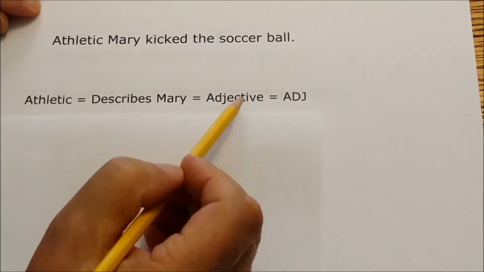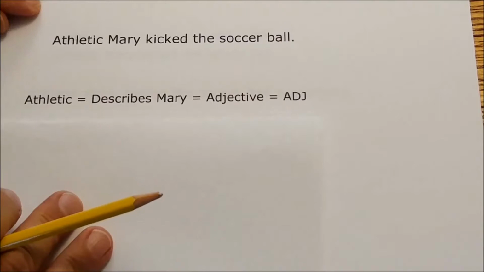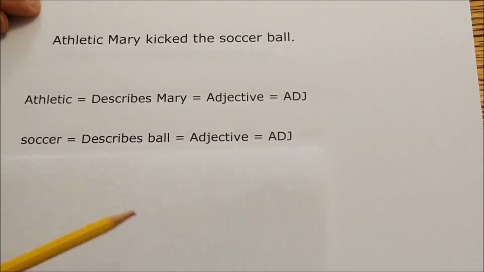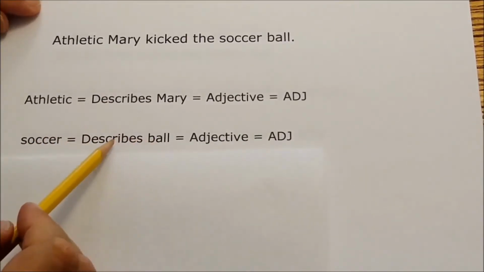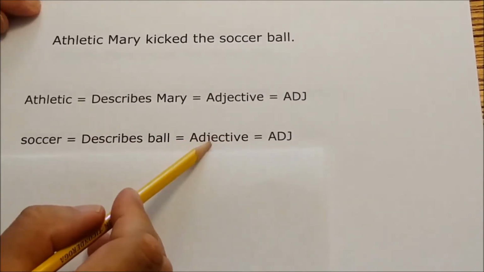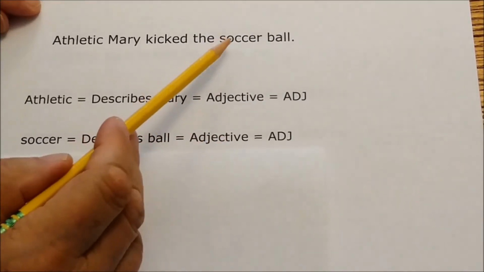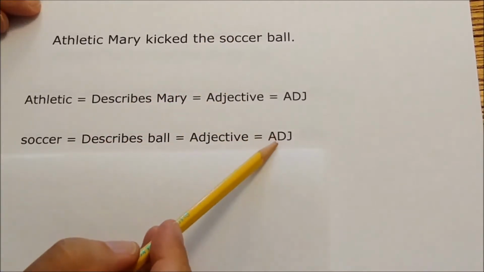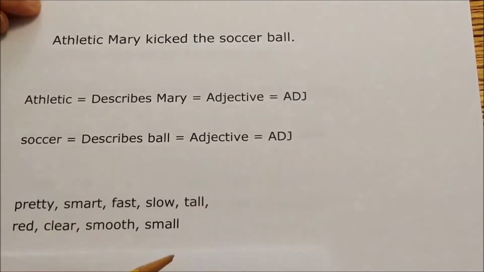An adjective tells something about the subject. Soccer describes the ball. It's also an adjective, so sometimes an adjective can describe the direct object, and it's abbreviated ADJ. These are examples of other adjectives that we could have used, but didn't.